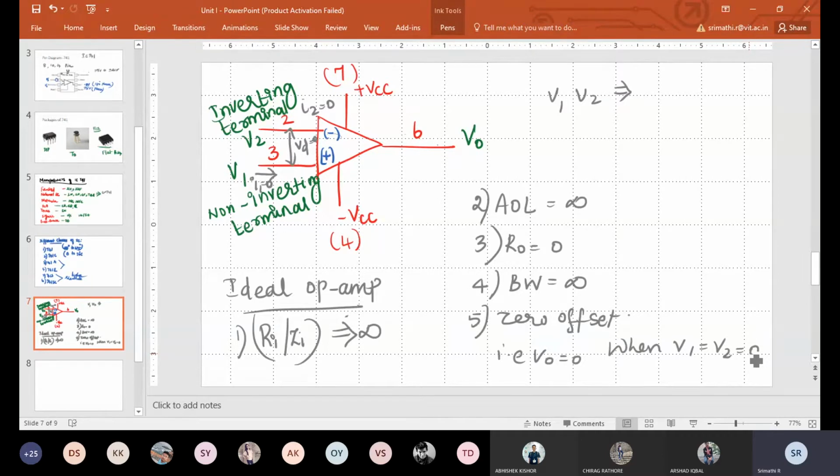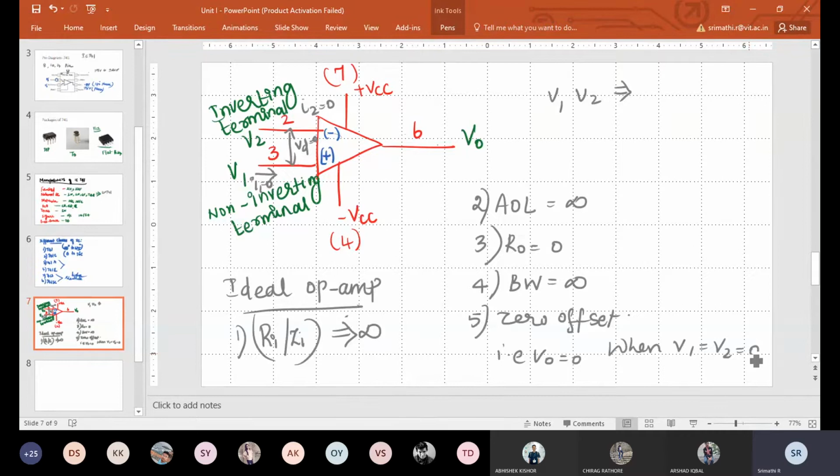Let me repeat, it is an 8-pin DIP I have drawn. You have two input terminals, the inverting terminal and the non-inverting terminal, and you have an output terminal. V1 and V2 are the input terminals. V0 is the output terminal. The difference between V1 and V2 is termed the difference potential VD.